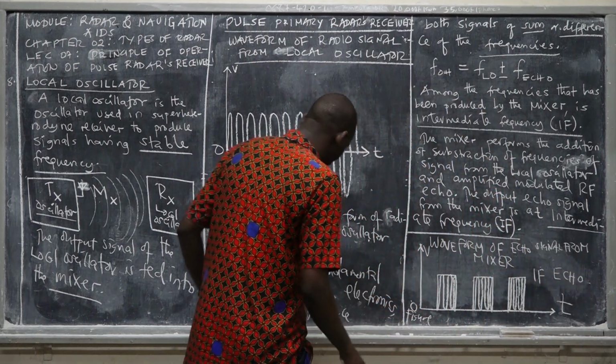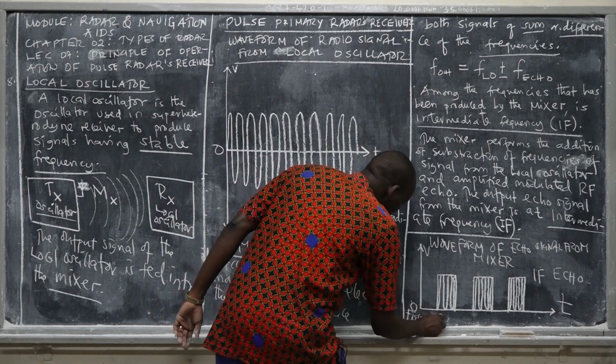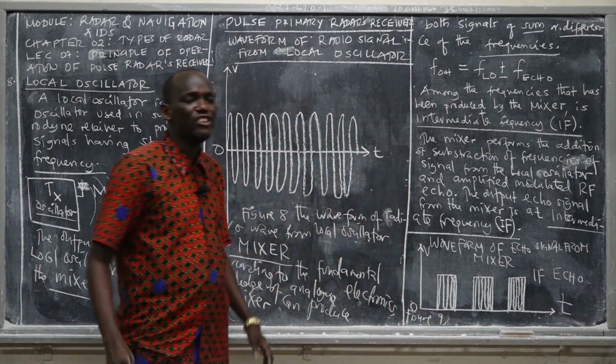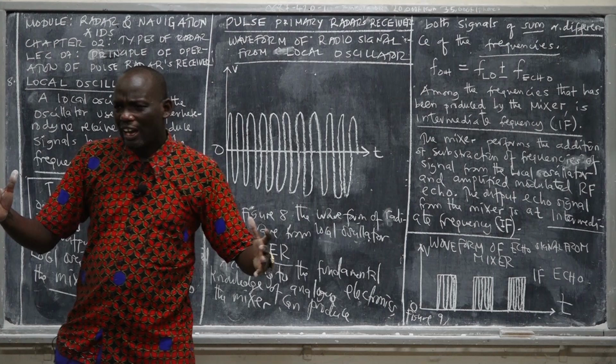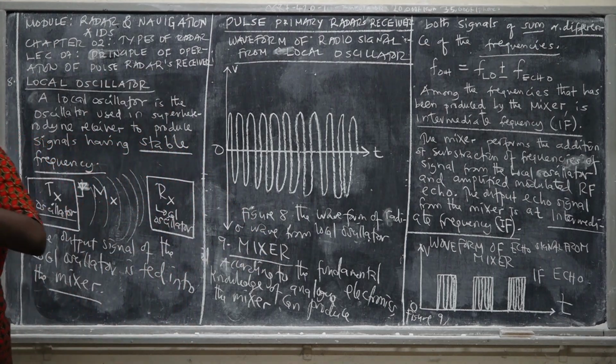If I could be you today, I would not sleep until I know the bandwidth. RF frequency, where does it start? What is the minimum value of RF frequency and the maximum? Then I will make sure that I won't sleep until I know the bandwidth of IF. What is the frequency of intermediate frequency? What is the minimum frequency? What is the maximum frequency?